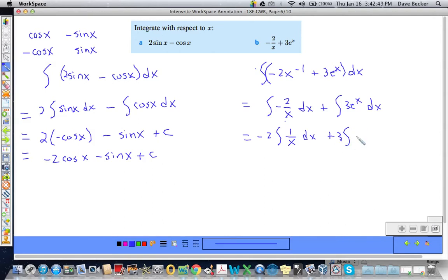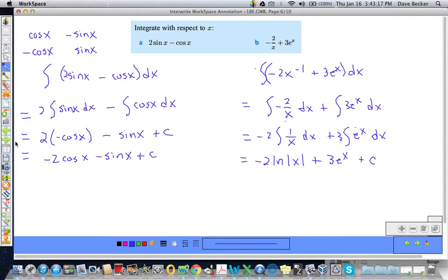You don't have to, but I'm taking extra time on the other one, so why not? The other term. So this becomes negative 2 times the natural log of the absolute value of x, because the integral of 1 over x is the natural log of x, plus, well, the integral of e to the x is e to the x, so that's 3e to the x, plus the constant c.